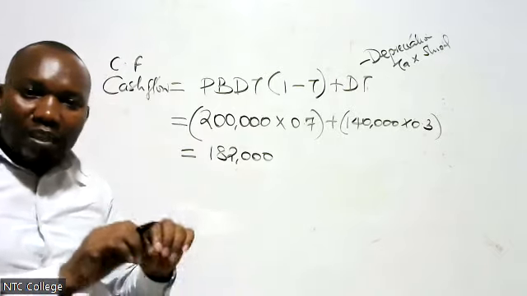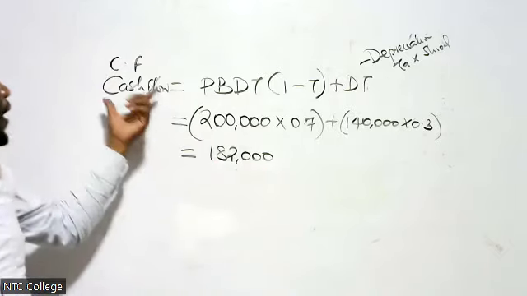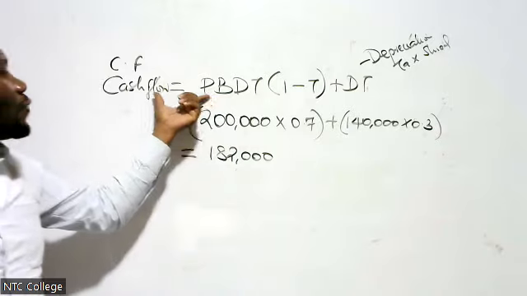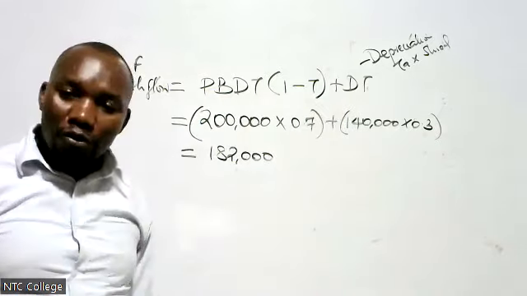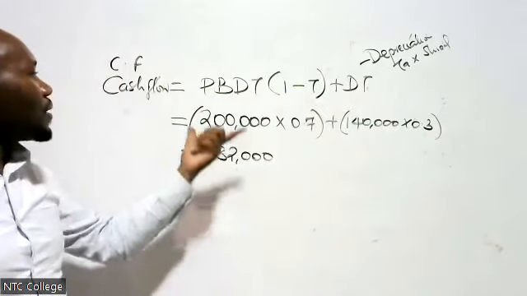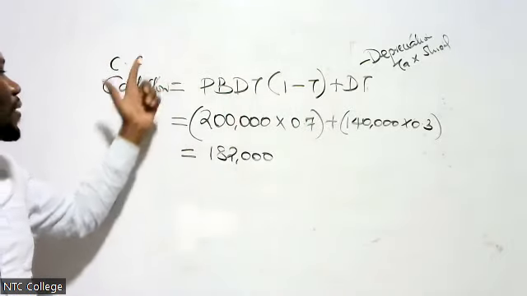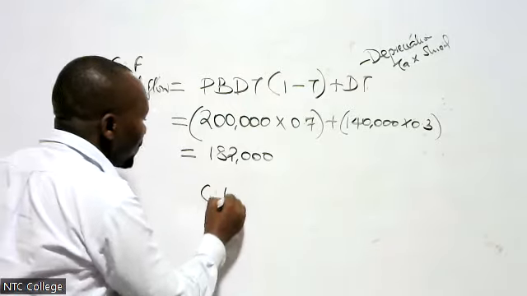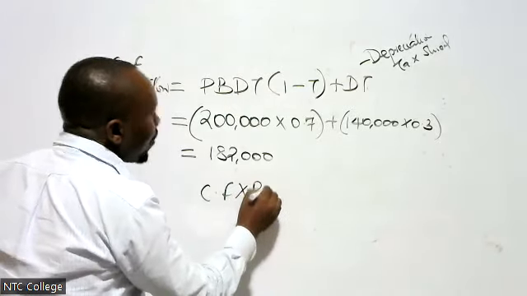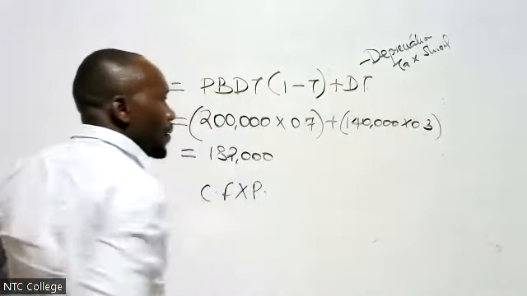Now, if we decide to expand this formula, instead of writing cash flow as CF, we decide to expand it like this, it is possible. Because we have confirmed that this one, ikiwa hivi, it is the same as CF. So instead of having our CF times the PVFA, we now have the whole of this times PVFA.